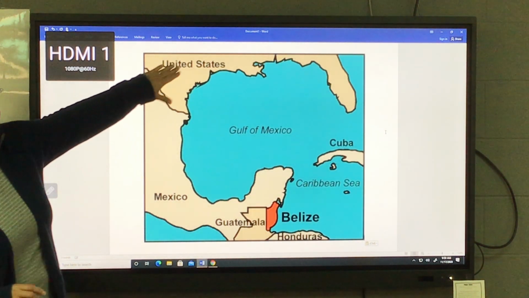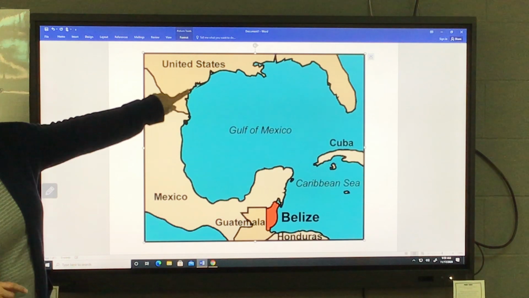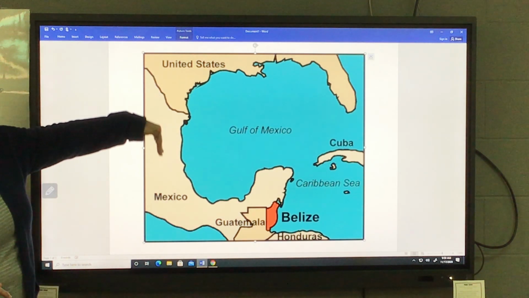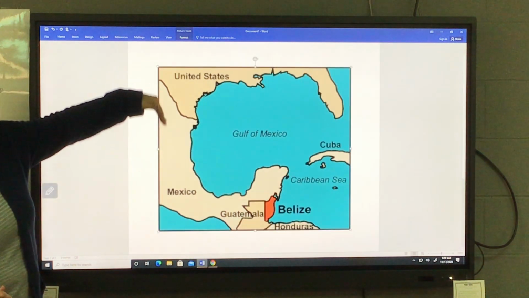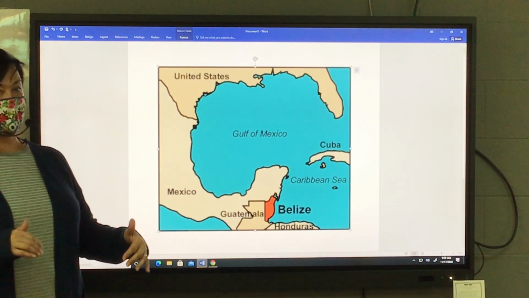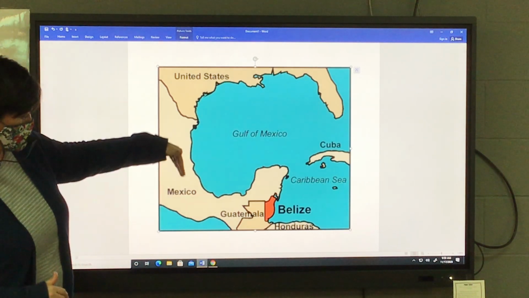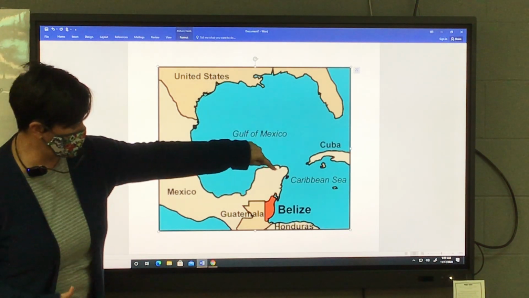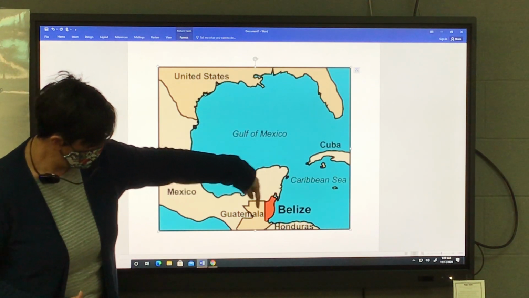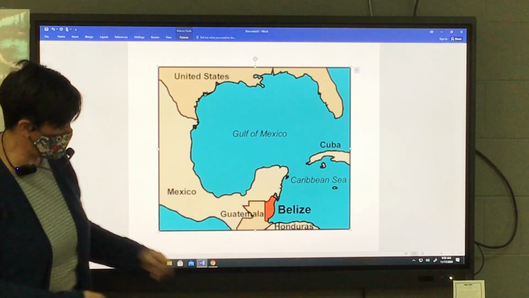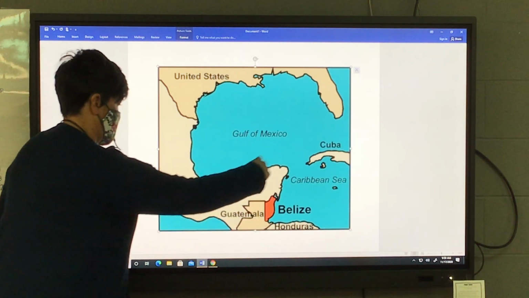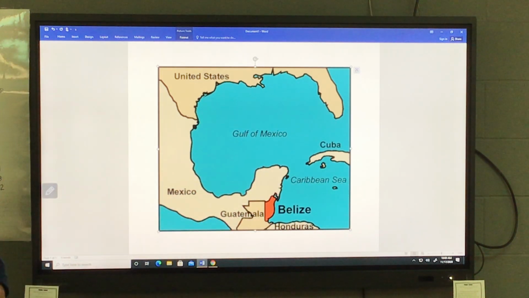All right, so here's the United States. This would be like Texas right here. This is Mexico. So southeast Mexico would be over in here. Do you see this is Belize? And this right here is Guatemala. So it would be all of this kind of down in there.